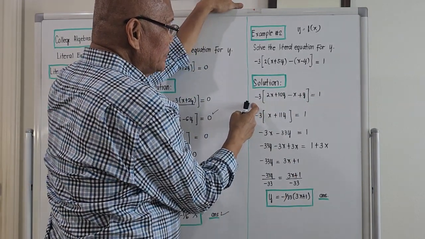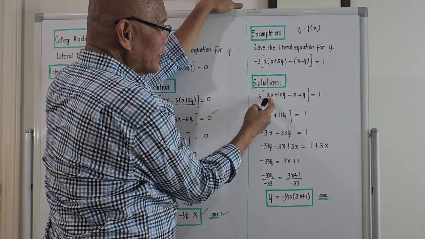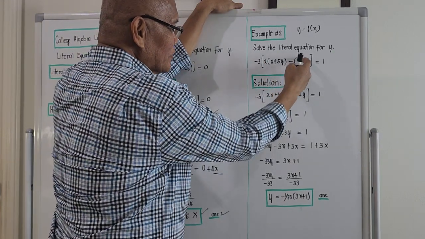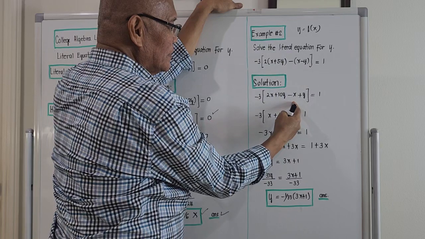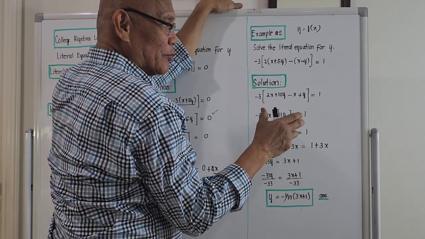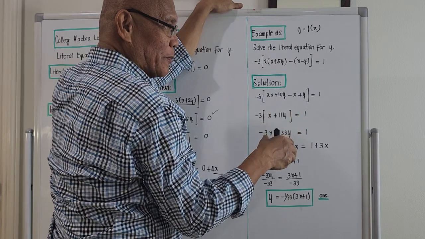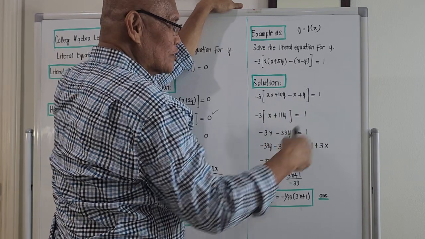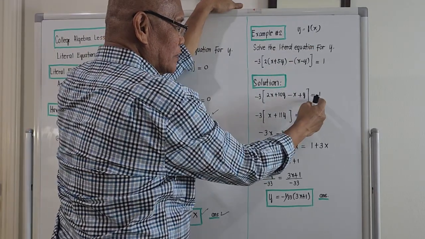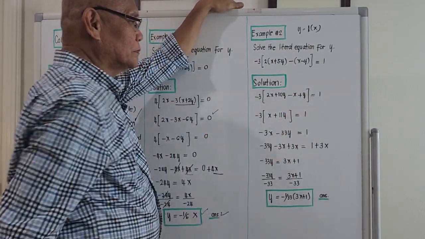So minus 3, 2 times x will be 2x, 2 times 5y will be 10y, and minus 1 times x will be negative x, okay? So we are not following a sequence of order here. We simplify it as it is. It is in sequence already. Minus 1 times minus y will be plus y, close bracket, and this should be equal to 1.